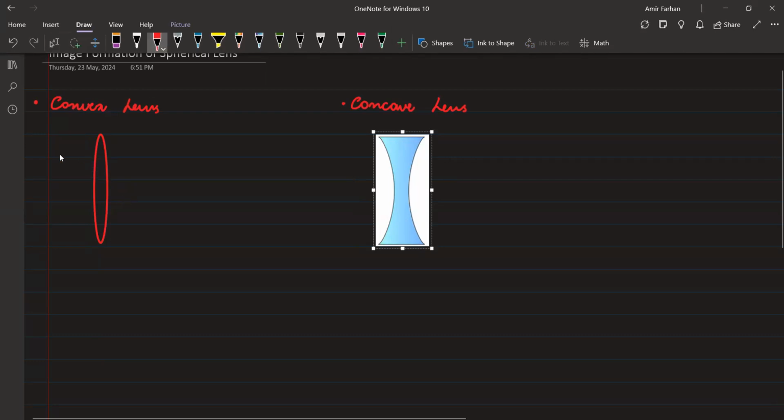As you can see, these are the two lenses that we have in our syllabus. The center of the lenses is called the optical center.